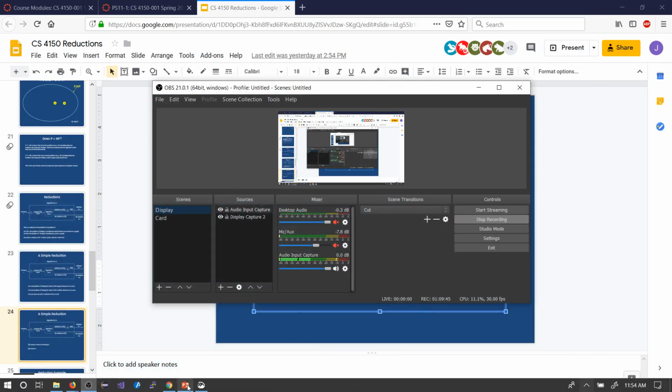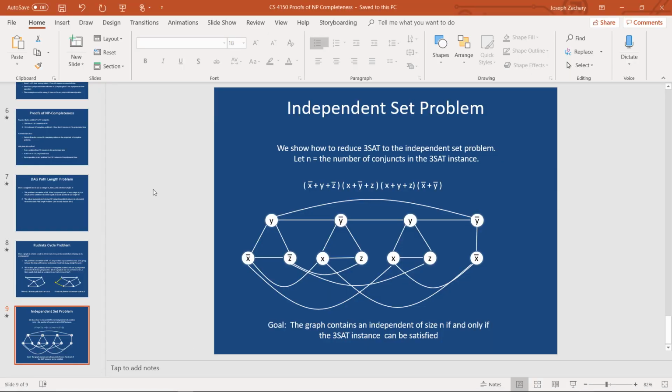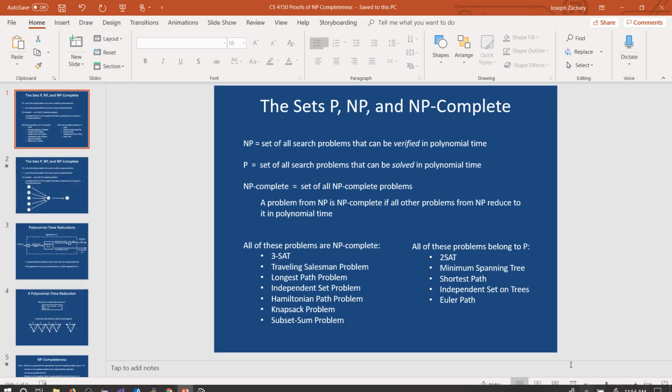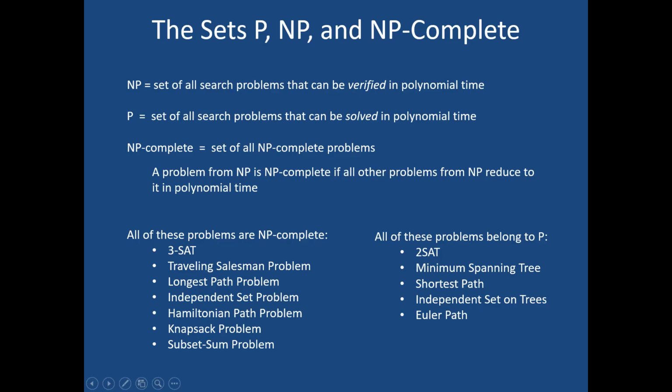Okay. So now we're talking about proofs of NP completeness. And most of this is stuff we've talked about today. So just quickly, those are some of the NP complete problems. And over there are problems that are members of P. So these are the hardest problems from the set NP, and then those are easy ones from the set NP.